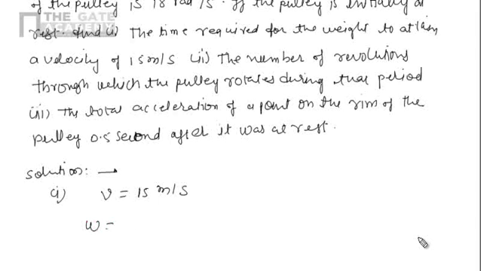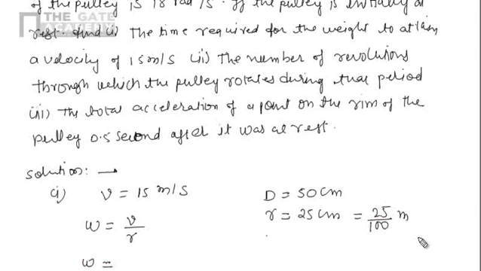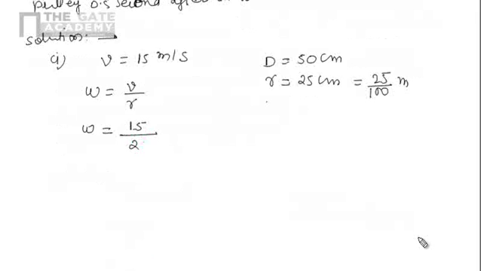We know omega is v by r, and the diameter is 50 centimeter, so r will be 25 centimeter, that is 25 by 100. Omega will be 15 divided by 25 by 100, so omega will be 60 radian per second. That is the angular velocity corresponding to 15 meters per second.